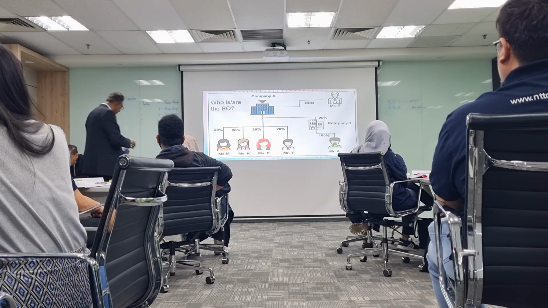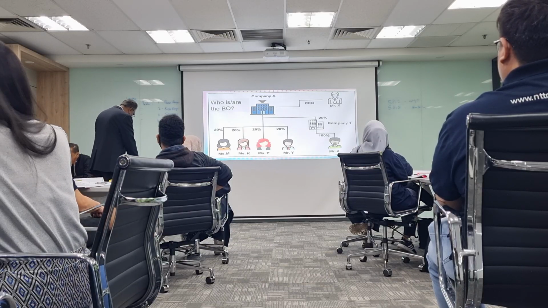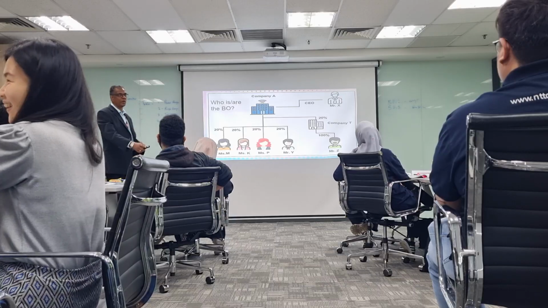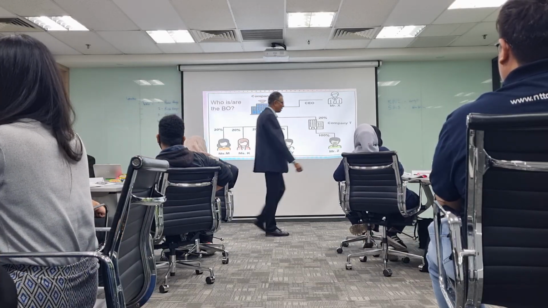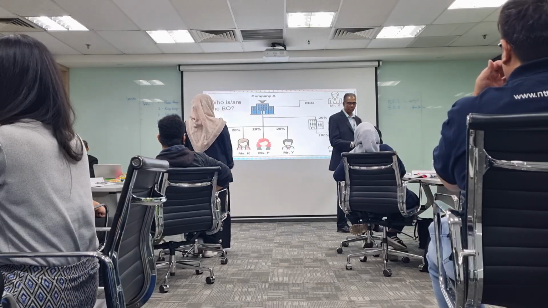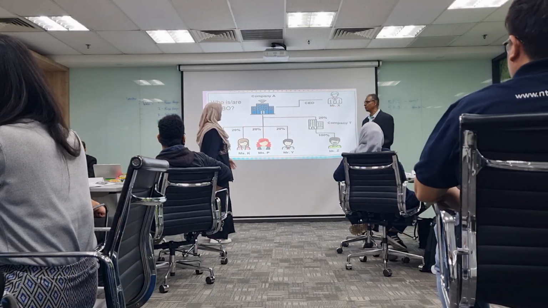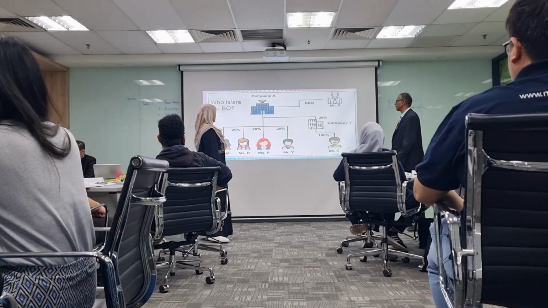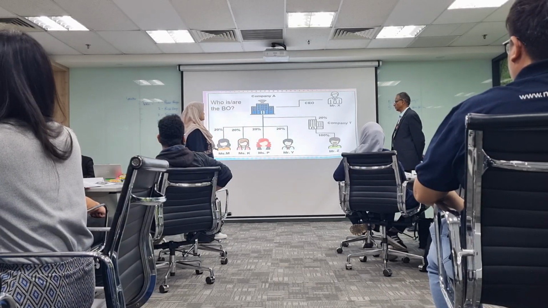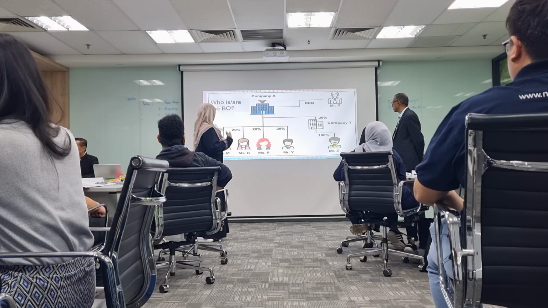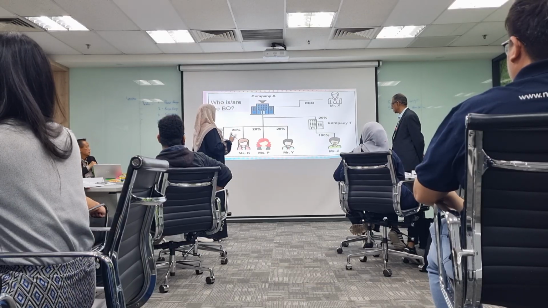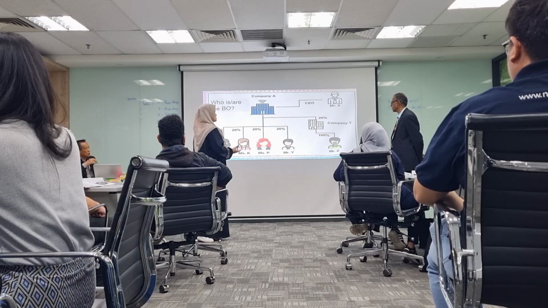Okay, Sarah, you please explain. You're sitting down and explaining, so others cannot hear you. So please come over and explain. If you're right, I'll give you a chocolate. Step one, we cannot identify because there's none holding 25% or more. Step two, also we cannot identify because there's none saying that they want to exercise control over the company.